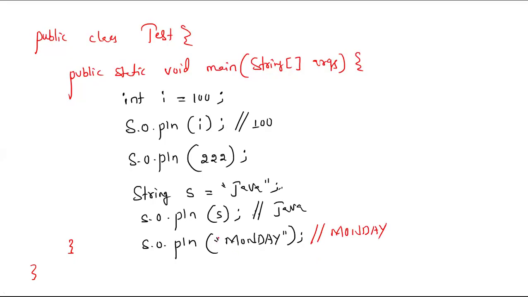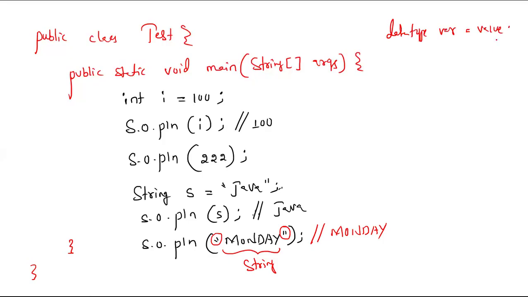Now tell me, because we are using double quotes, what type of value is it? Is it a string value or a variable? Something in double quotes is a value part or a variable part as per the syntax? Here the syntax is data type, space, variable name equals value.